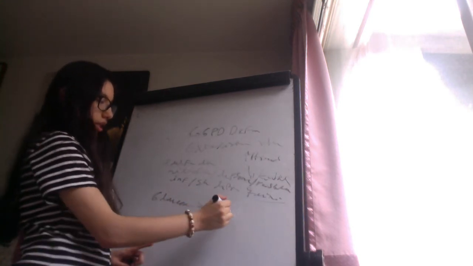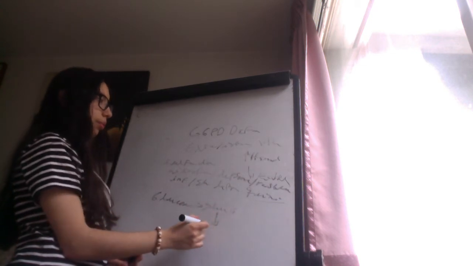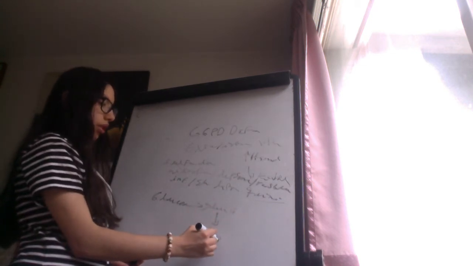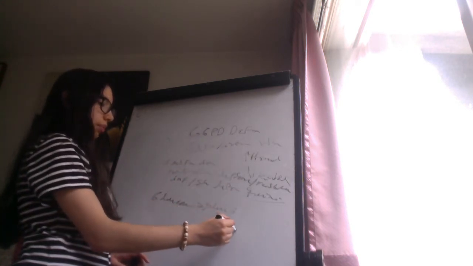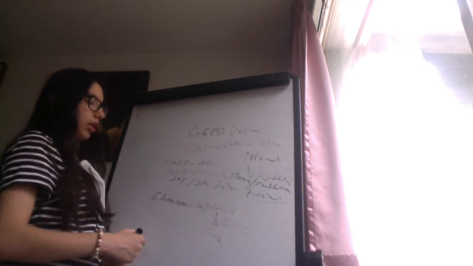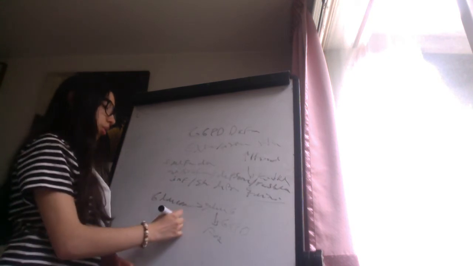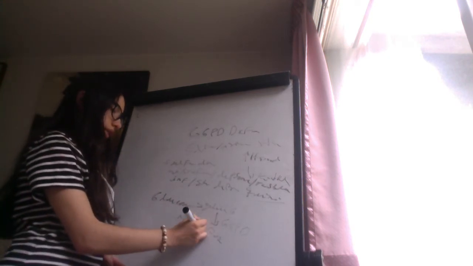This is by hexokinase, and then glucose 6-phosphate is converted to phosphogluconate by the glucose 6-phosphate dehydrogenase enzyme. Here there is production of NADPH.